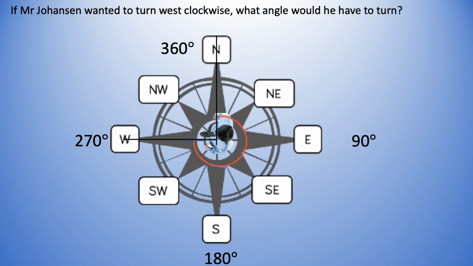So he's gone past 90 degrees, past 180 degrees, and he's got to 270 degrees. So if we look at this, he has gone round 270 degrees. And now that 270 degrees is a reflex angle, okay? Because it is larger than 180 degrees, but it is less than 360 degrees.